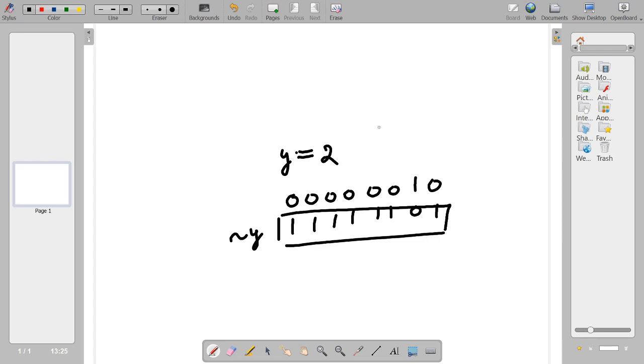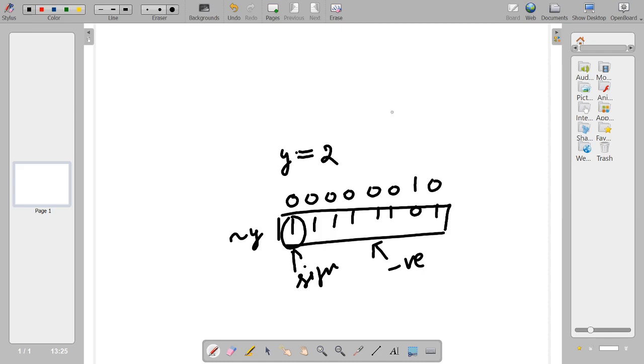The machine reads it as a negative number. Why? Because the first bit is 1. The first bit is usually a sign bit.